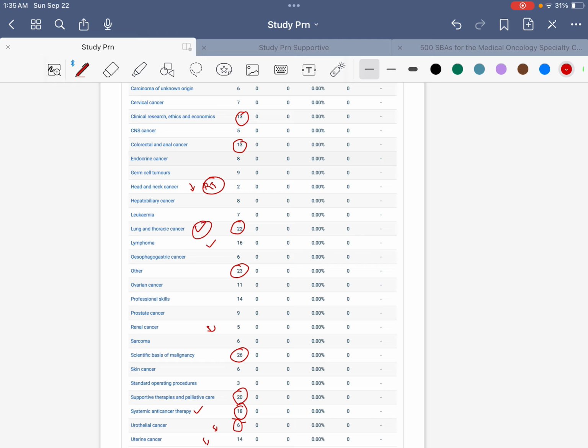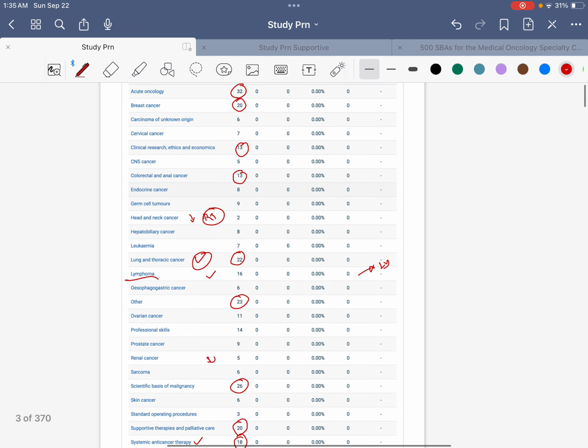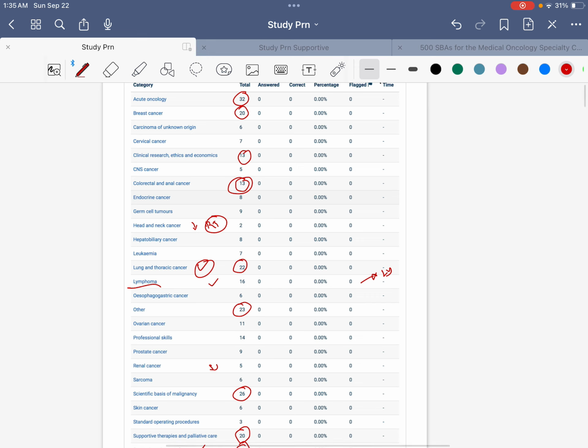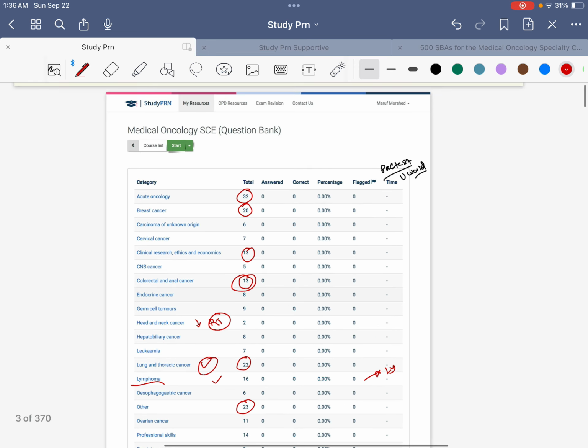We don't see lymphoma much in our practice, but we have to face a few questions on it. There are also more questions on colorectal cancer. So for the preparation of the MRCP SCE medical oncology, I think you should go for Study PRN.